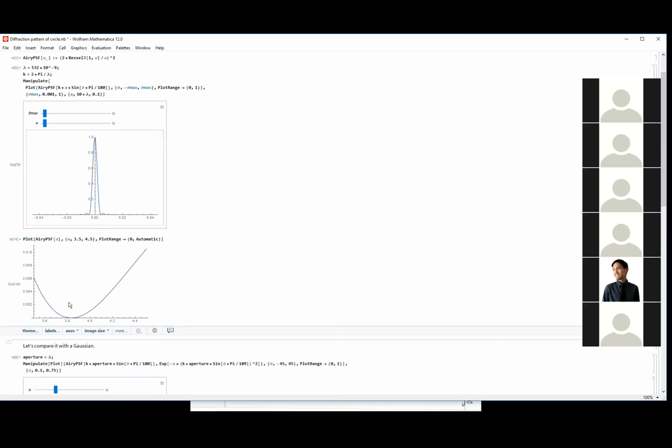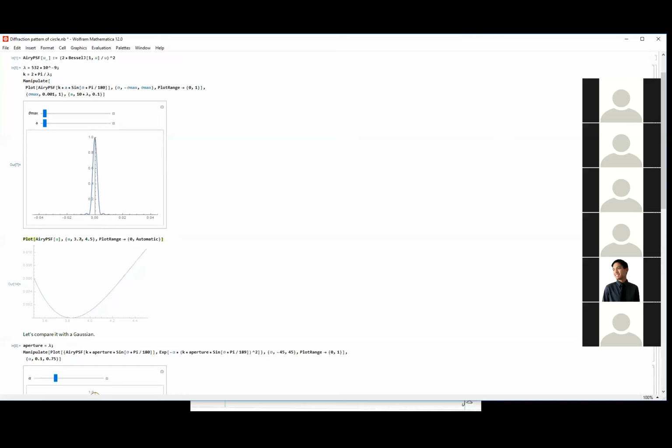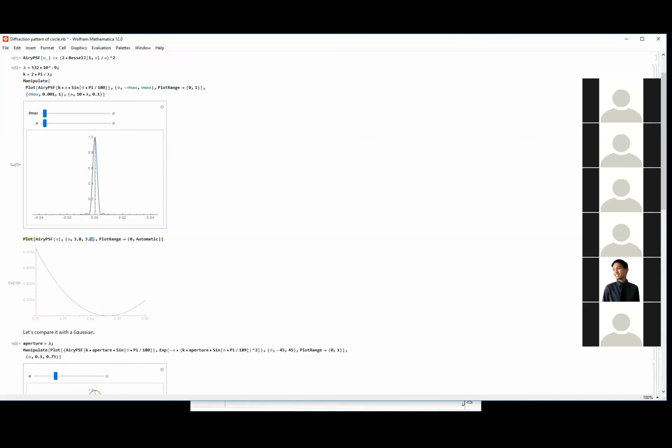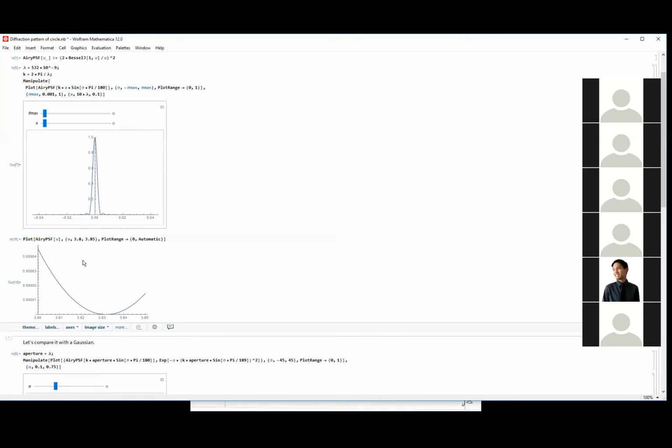All right, let's zoom in. It's somewhere between 3.7 and 3.9. It's somewhere between 3.8 and 3.85. All right, so it's right around 3.83.